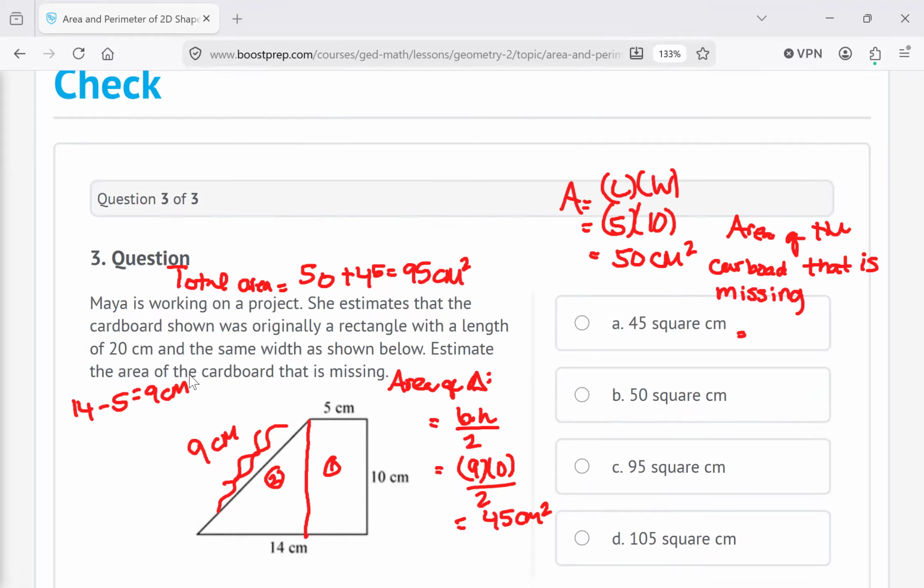So the area of the original cardboard was 20 by 10, right? That was given. So a cardboard is a rectangle.